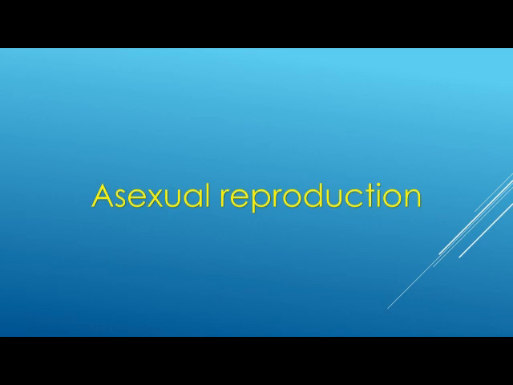So dears, all the modes of reproduction that we have discussed so far allow new generations to be created from a single individual. It involves a single individual, a single parent. This is known as asexual reproduction.